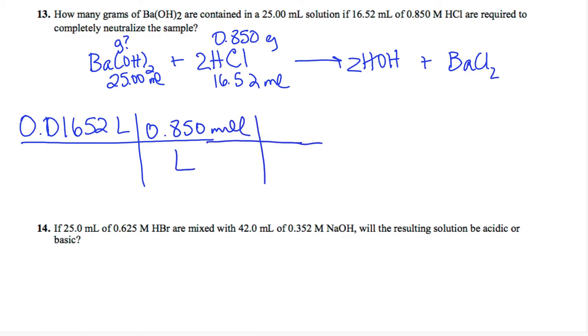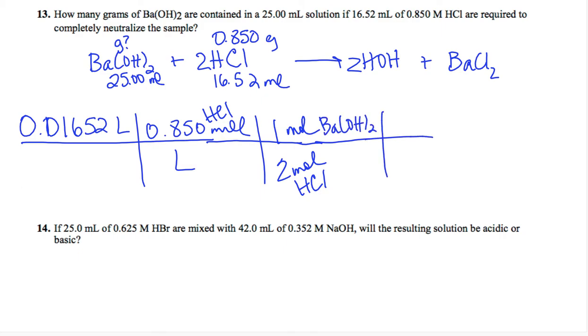And this is moles of HCl. So now I've got to get to moles of unknown. Stoichiometry. For every 2 moles of HCl, I have 1 mole of Ba(OH)2.